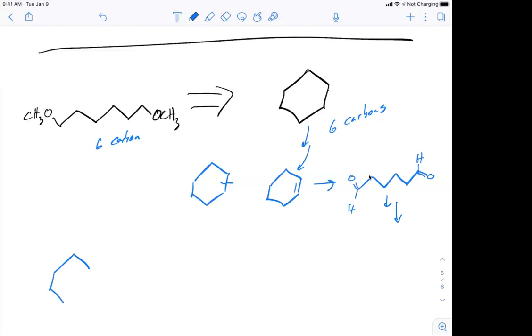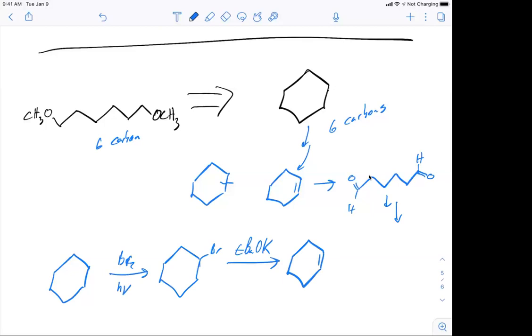So if we start with our alkane, we're going to add bromine and light. That's how we react with alkanes to get them to the bromide. Then we can do any good base. I should have used the methyls, but just so you'll understand, any good base here will give me elimination.